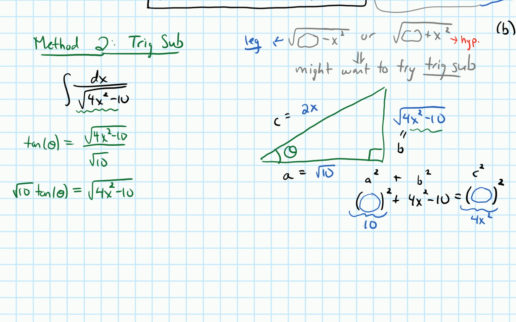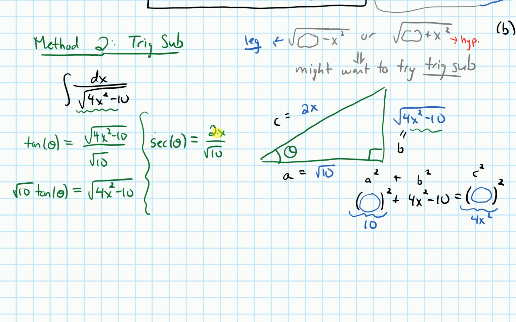All right, but I'm going to need something that's going to give me a dx as well, so I can switch the dx to a d theta. So it's best to choose a trig function that's as simple as possible to take the derivative of. So taking the derivative of the square root isn't the nicest thing that I could have. So the simplest trig function that I could have in terms of what the derivative would be is secant. If we did secant of theta is 2x over root 10.